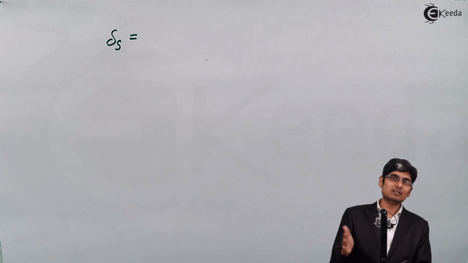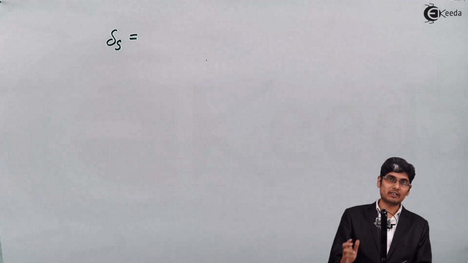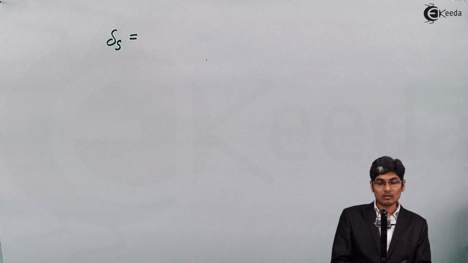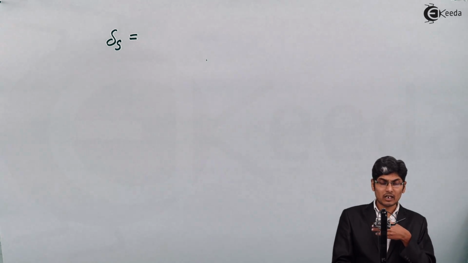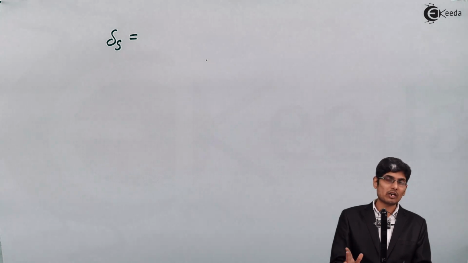Once you reach the stopband, it's stopband. I really don't care about it. So when I'm saying delta S, I will not actually divide this by 2 or 3 or any stage number.